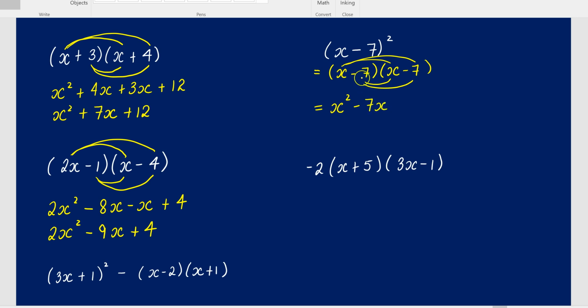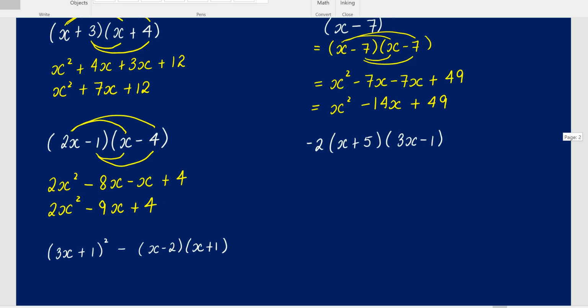Now we do the underneath loops where we've got this negative 7 times x, negative 7x, and a negative times a negative here becomes a plus, and 7 times 7 is 49. Gather our like terms. Once again, only 1x squared, minus 7 take 7 is minus 14x, and then we plus 49.